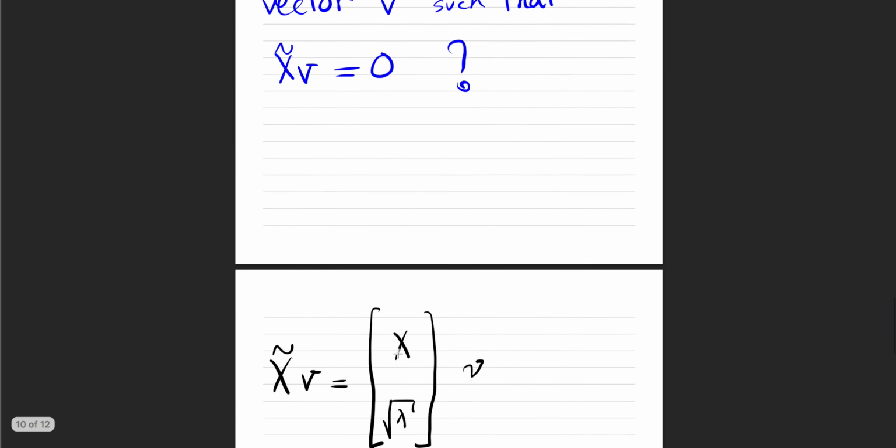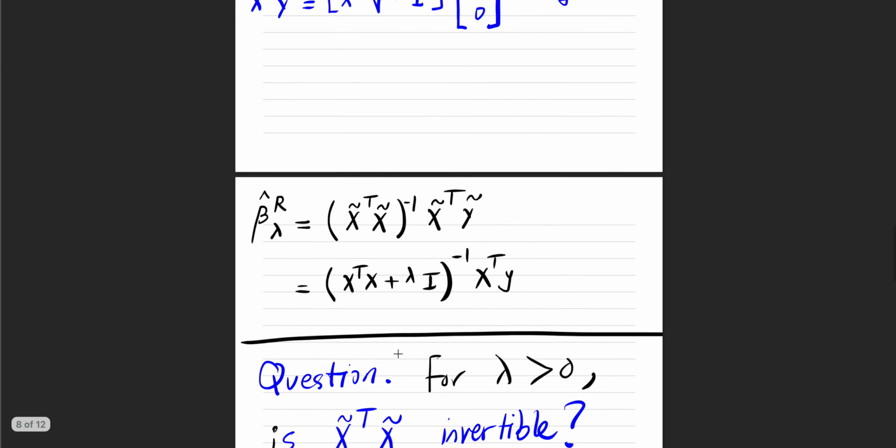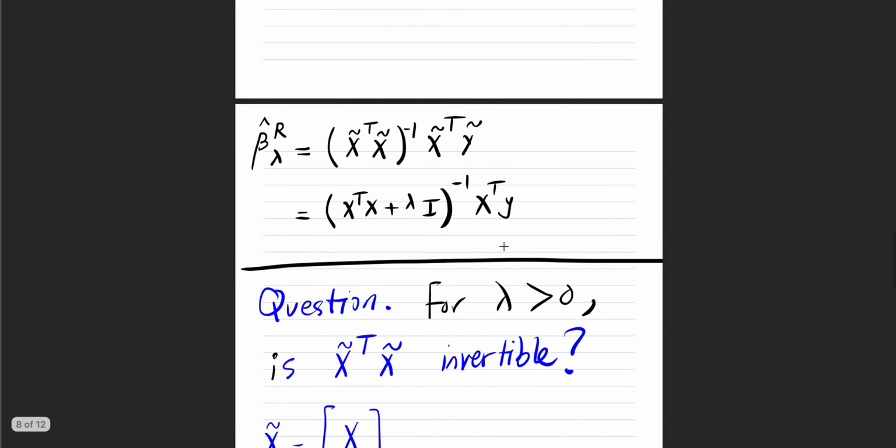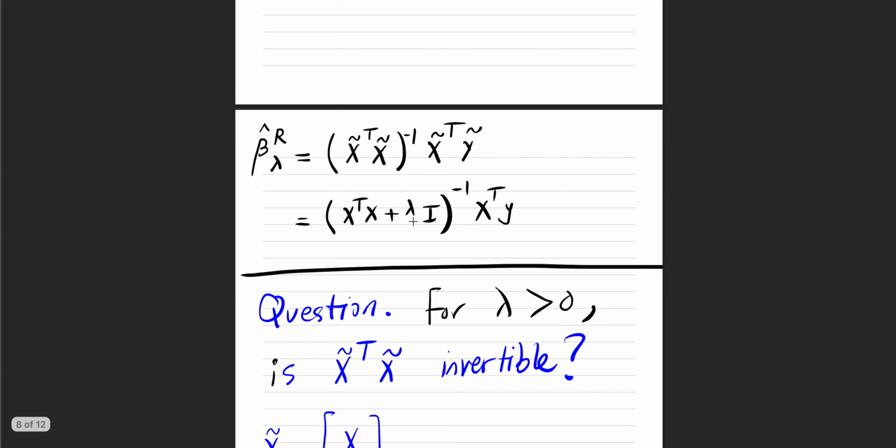So the conclusion is that for lambda greater than 0, this is always invertible. As long as lambda is not 0, even if it's a tiny, tiny, tiny positive number, we have a ridge regression coefficient estimate.